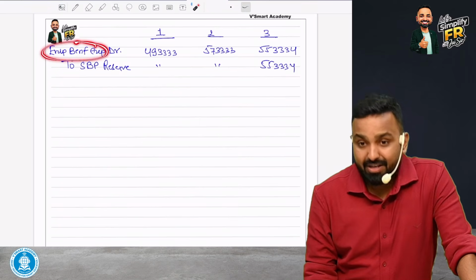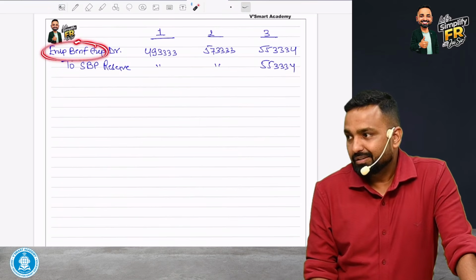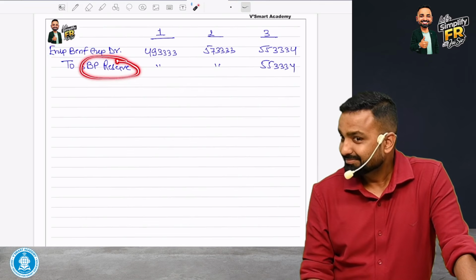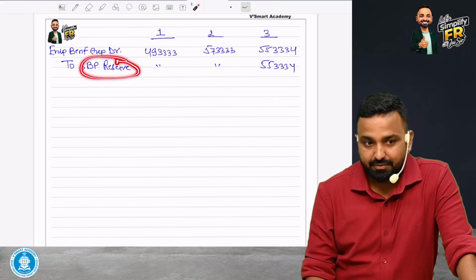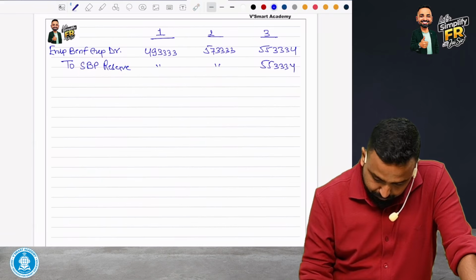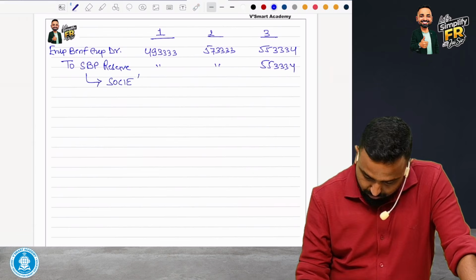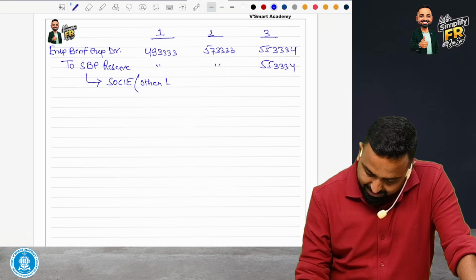This account will be written off in the P&L, but this won't be written off. Transfer to other equity, can I say?